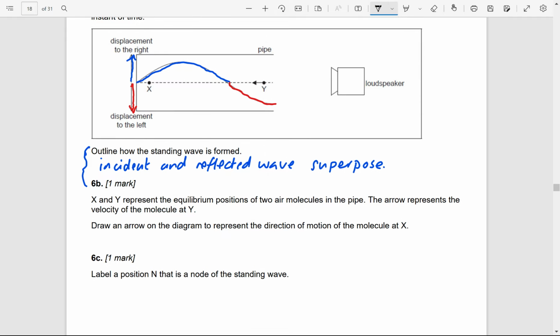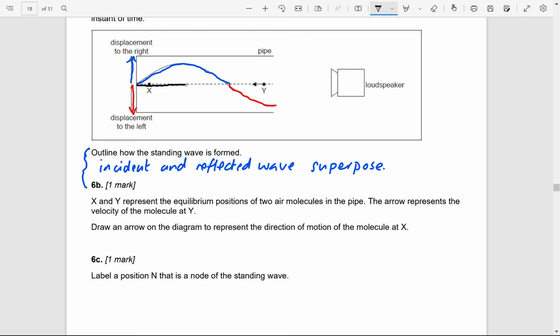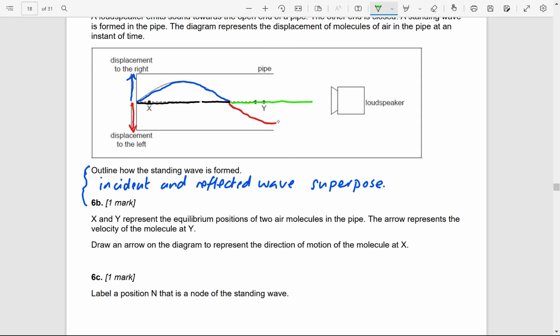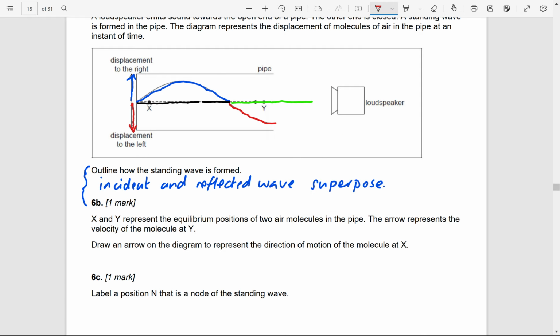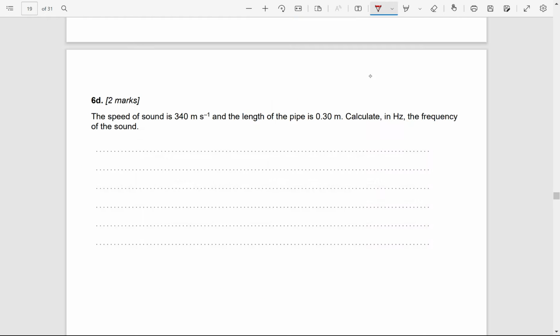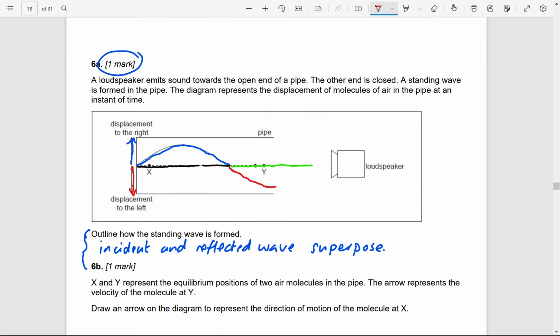So anywhere along this section that I'm drawing in black, the particle is going to go to the right. And then anywhere, I'll do it in green, and probably to about here, where the red line would meet the equilibrium if the pipe was longer. The particle is going to go to the left.